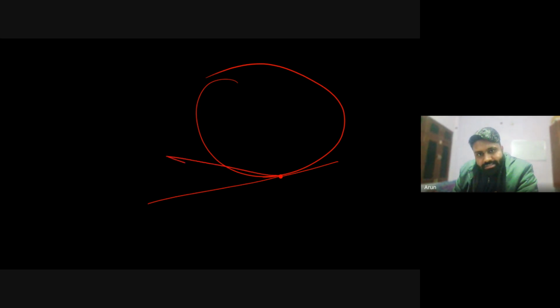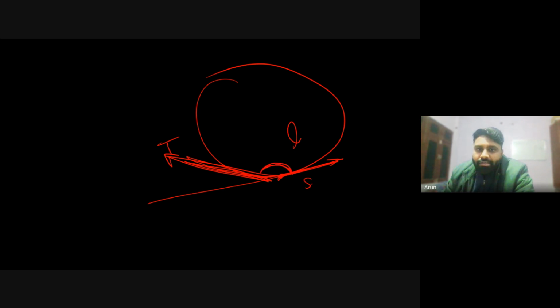So this is the tangent, I'm not drawing it to scale. This is the tangent at the point of contact between this liquid and solid. So it is the angle between the line drawn along the solid surface at the point of contact and the tangent drawn at the point of contact.